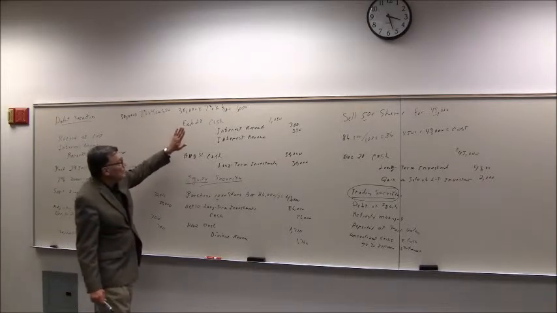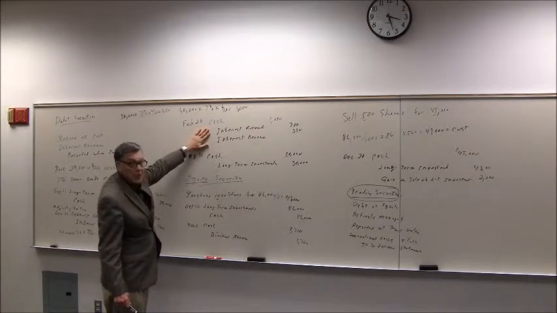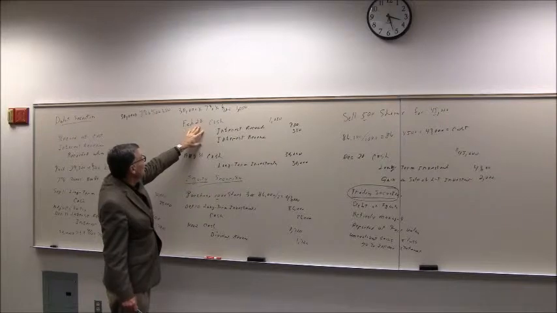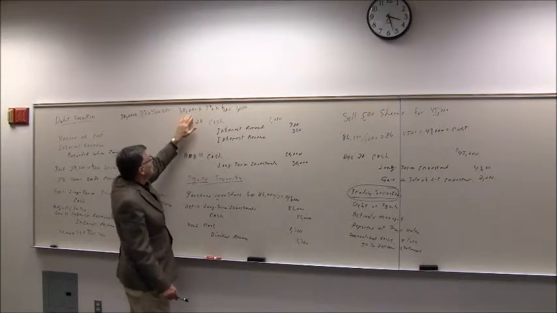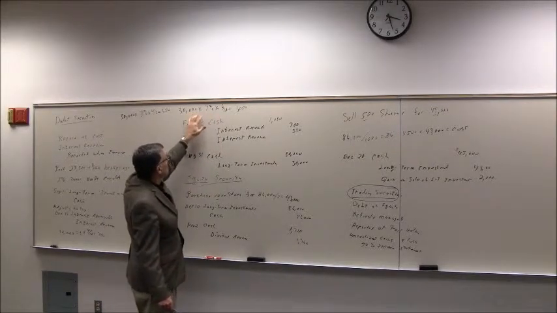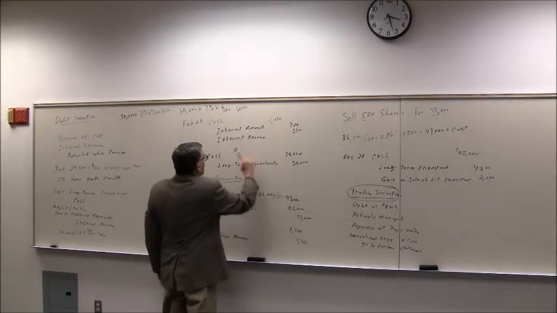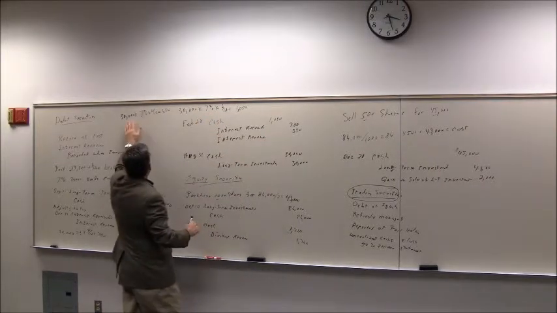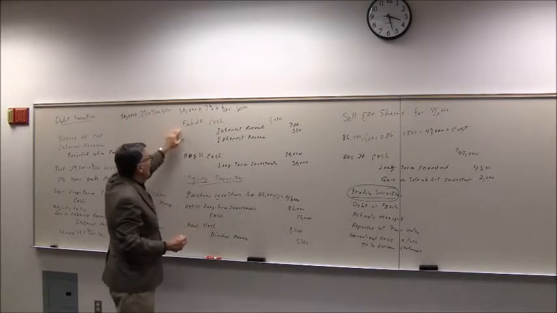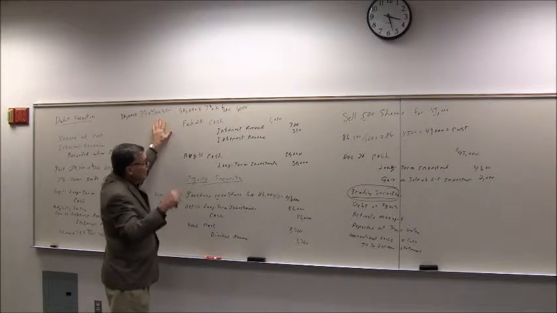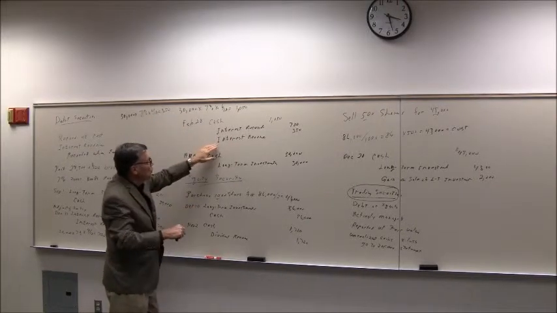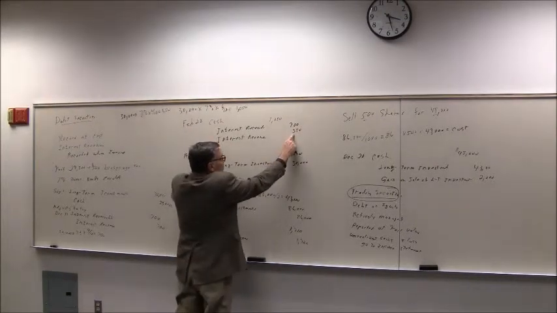Then, when you actually receive the interest, okay, so when you receive the interest on February 28th, now, principal times rate times time, so 30,000 times 7% times 6/12 is 1,050, that's the cash you received. Then you have 30,000 times 7% times 2/12, because January and February are the interest you earned in this accounting period, that's 350.